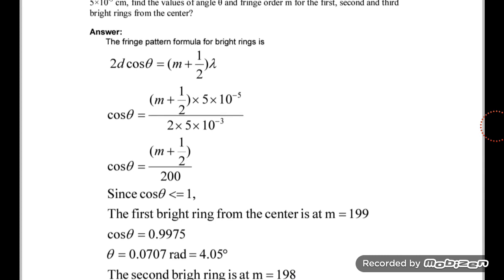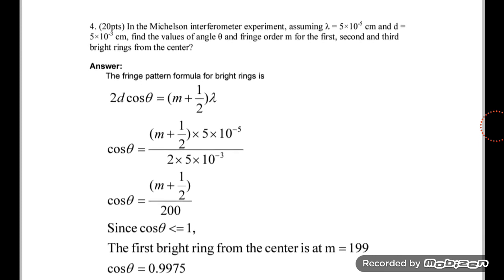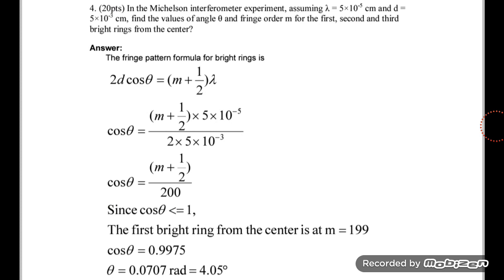As we know, the fringe pattern formula for bright rings is 2d cos theta, which is the path difference, equal to (m plus half) lambda. If we find the value of cos theta, we have (m plus half) times lambda, that is 5 into 10 to the power minus 5, divided by 2d, meaning 2 into 5 into 10 to the power minus 3.